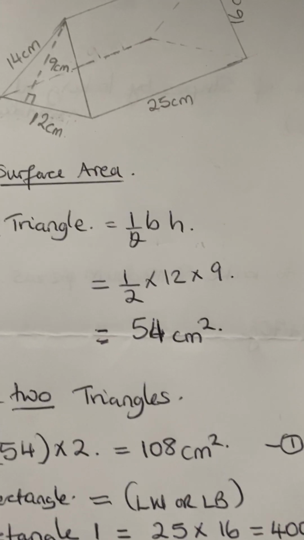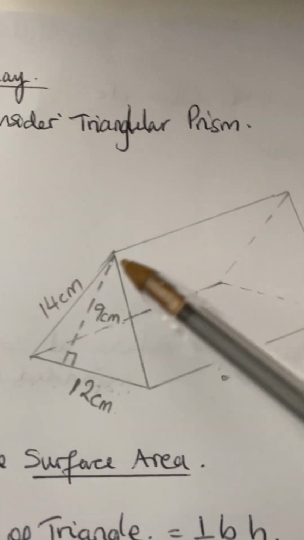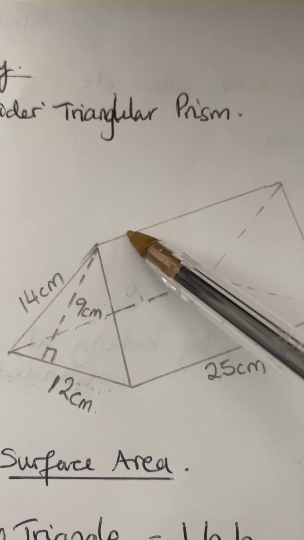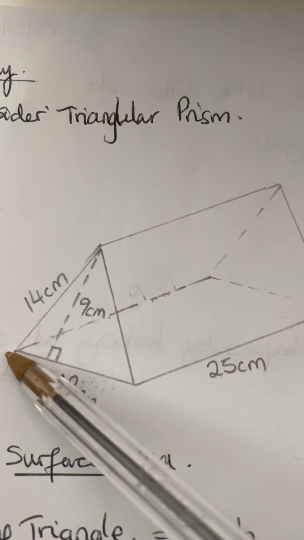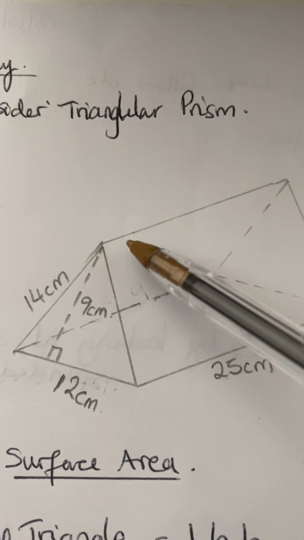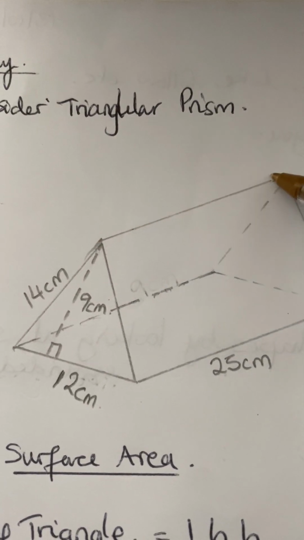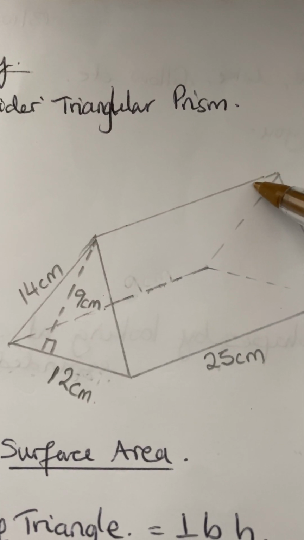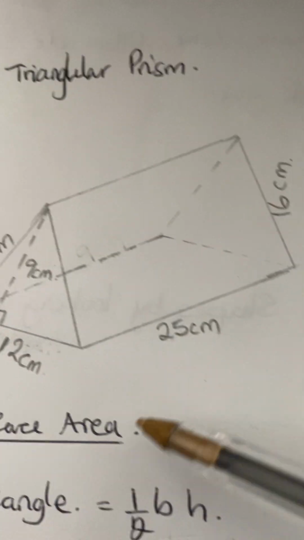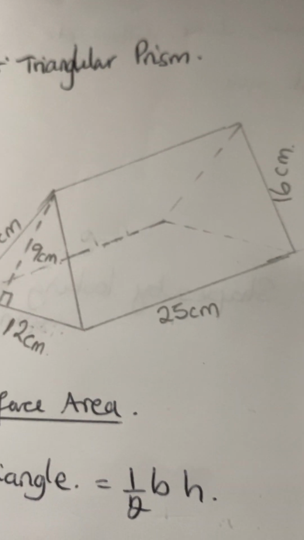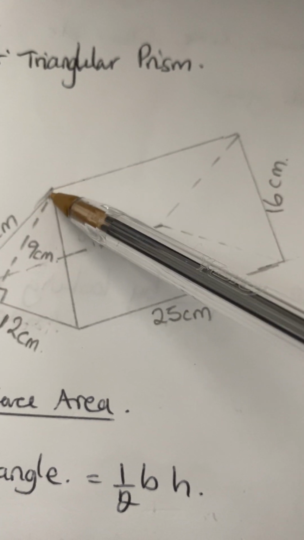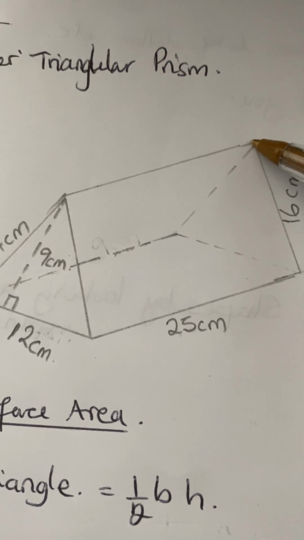Now we need to find the area also of the other side of the prism, where the slanted height is 14 and the length is 25. So now 14 times 25, because if from here to there is 25 centimeters, then from here to there also will be 25.